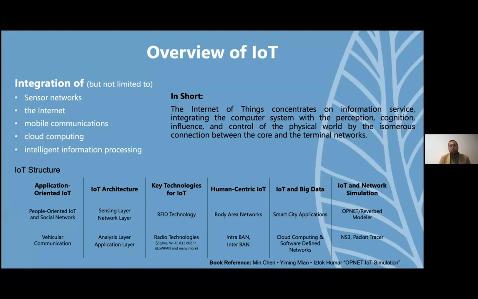In short, we can say the Internet of Things concentrates on information service, integrating computer systems with the perception, cognition, that means intelligence, influence, and control of the physical world by the heterogeneous connections between core networks and the terminals.